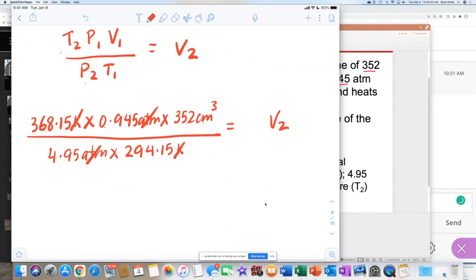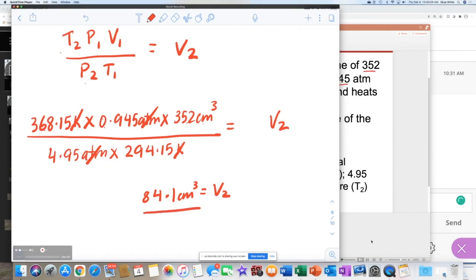So I divide all the denominator numbers and I get 84.1 centimeter cubed to be my V2, my wanted volume. Let's see what they say.